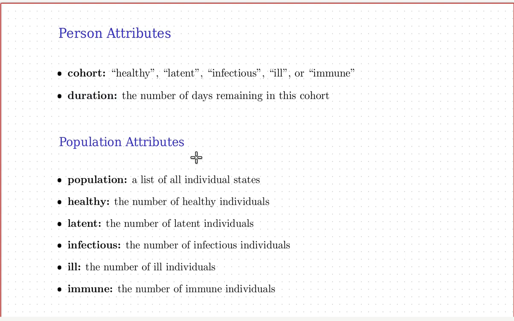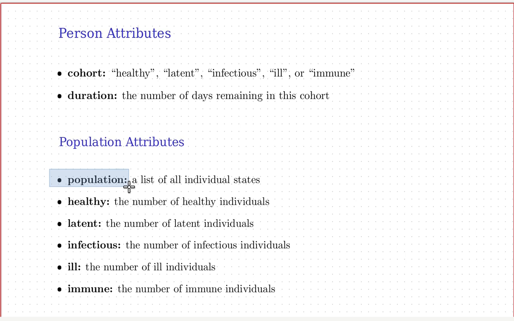For the population as a whole, we're going to have a population attribute, which will be simply a list of all the individuals, all of these persons with their attributes. So we'll have a list 1,000 people long, including everybody in the population.